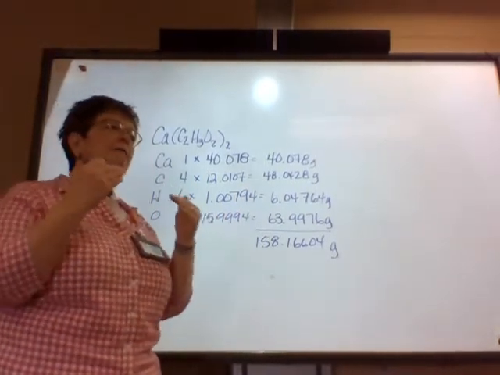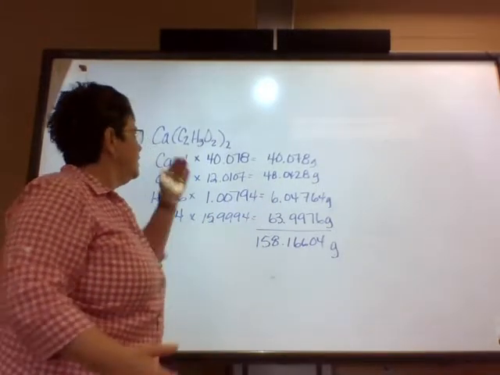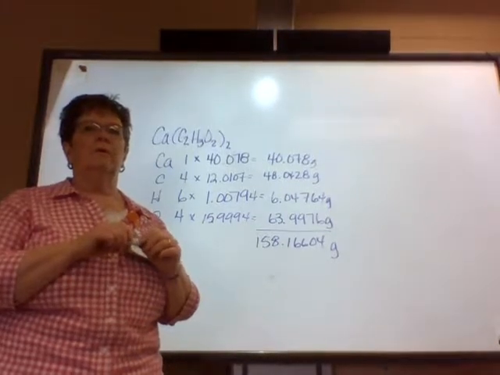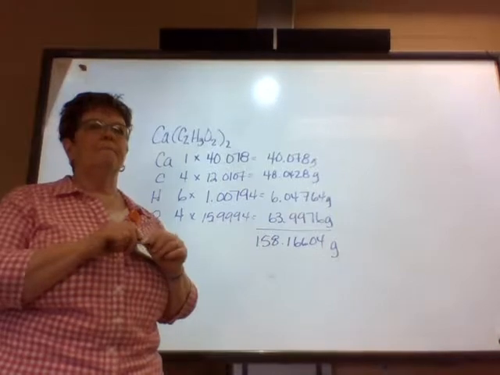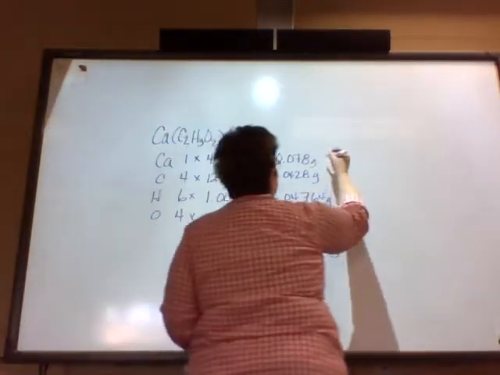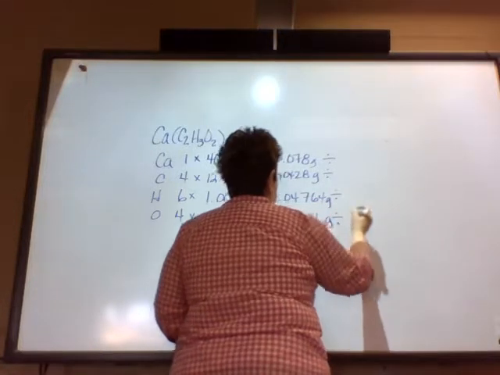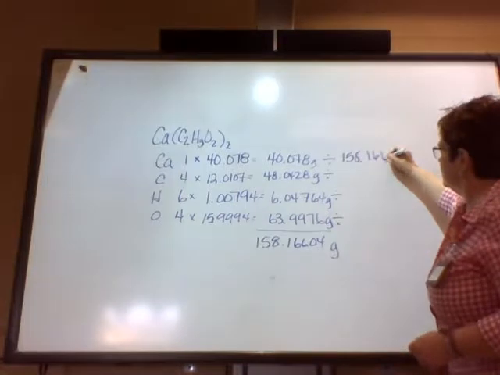So in your mind, how am I going to find the percent of calcium in that particular compound? What do you have to do? Divide the number of atoms. Yep. Thanks, Casey. That's exactly right. So we're going to take each of these divided by the 158.16604.